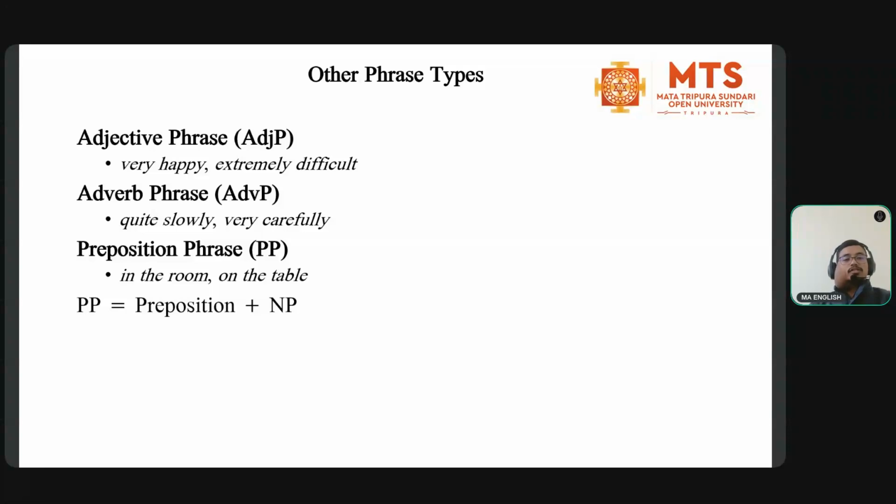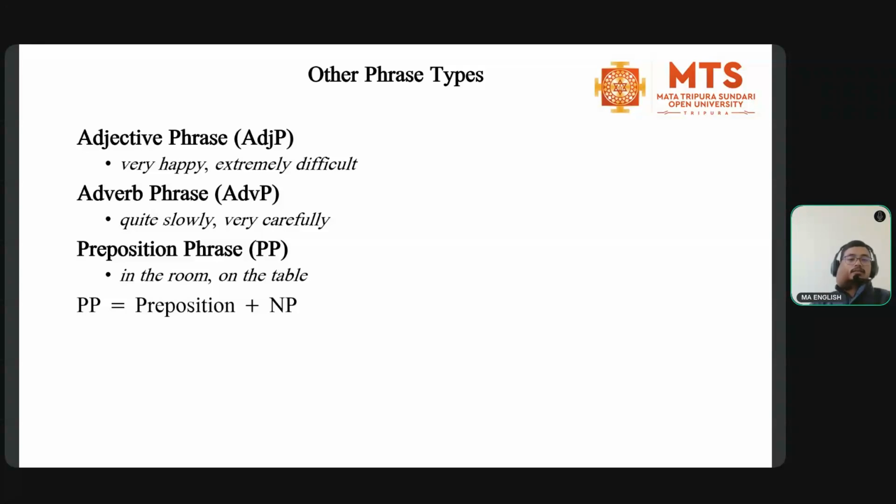These phrases describe verbs, adjectives, or adverbs themselves. A prepositional phrase begins with a preposition and ends with a noun phrase. An example is in the room, on the table, right? These phrases help us add detailed descriptions and clarity to sentences. They make sentences richer and more informative.